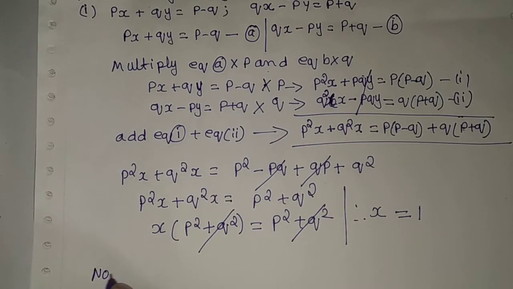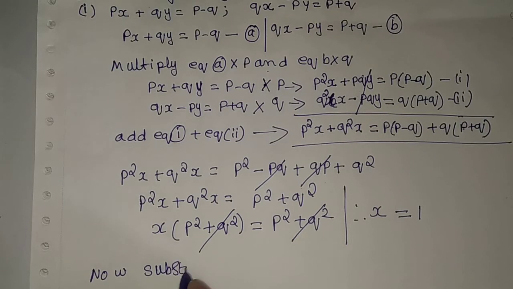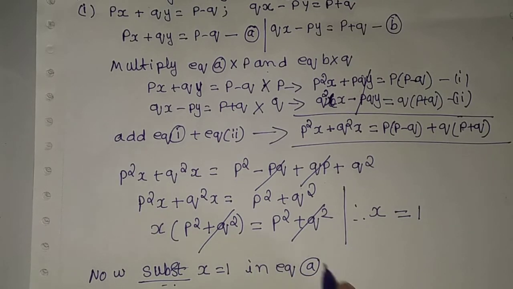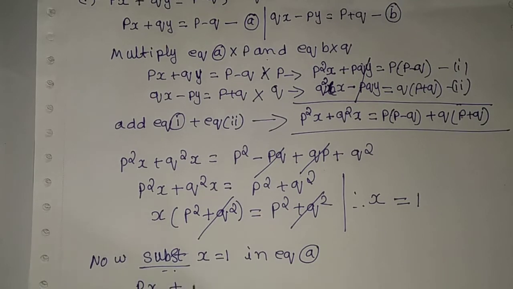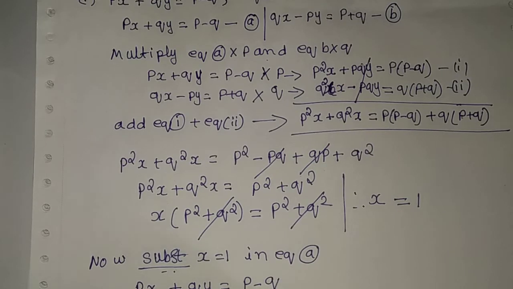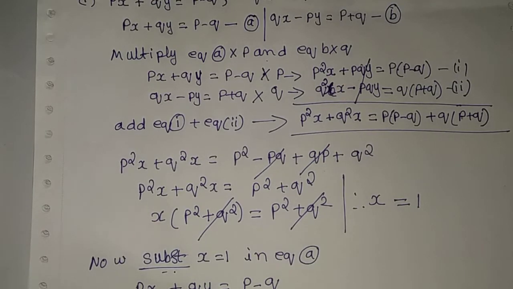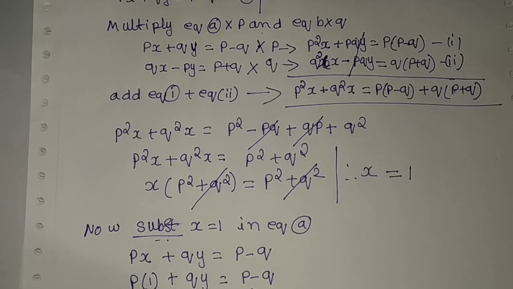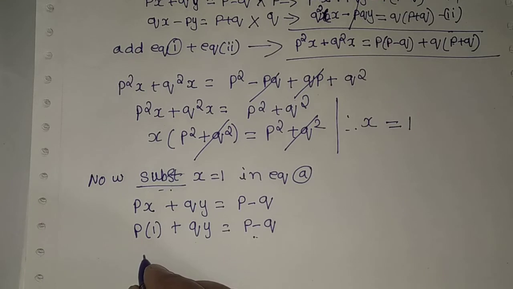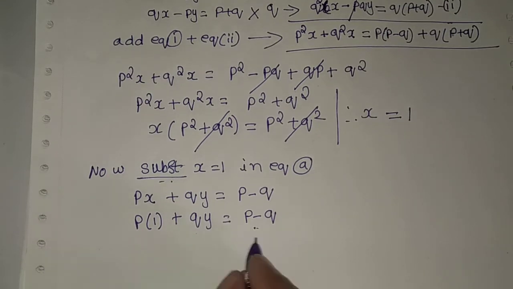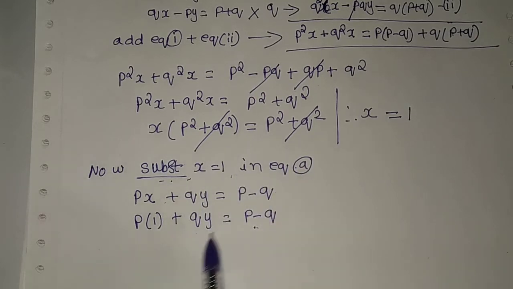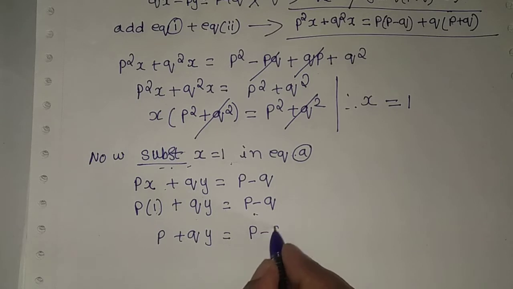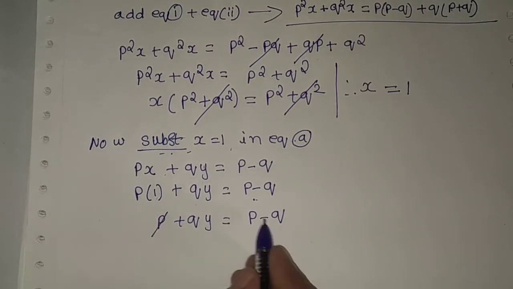Now substitute x = 1 in equation A. So what is equation A, that is Px + Qy = P - Q. Substituting x = 1, we get P + Qy = P - Q. Here P minus P cancels.